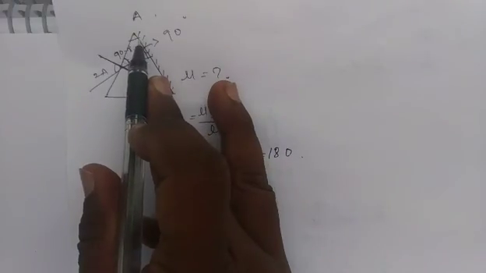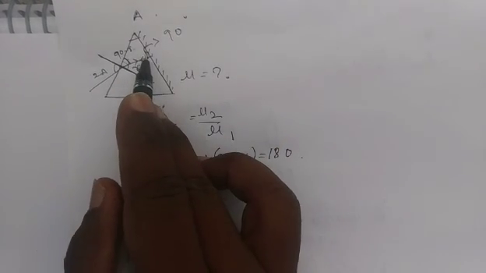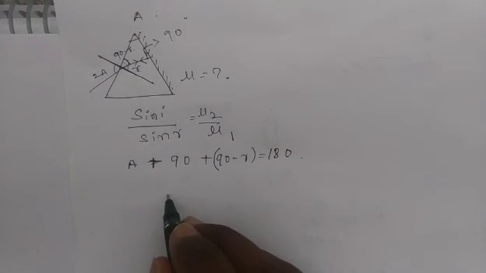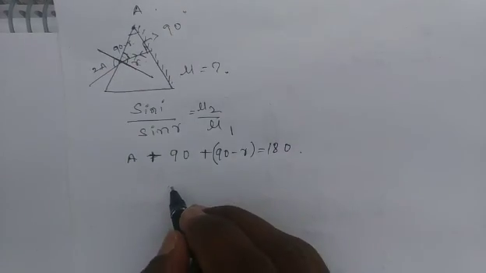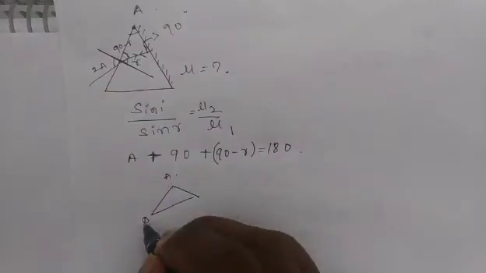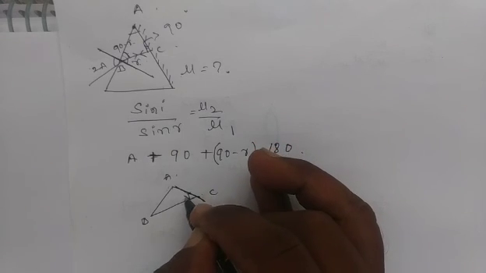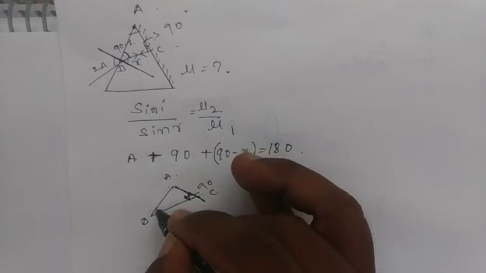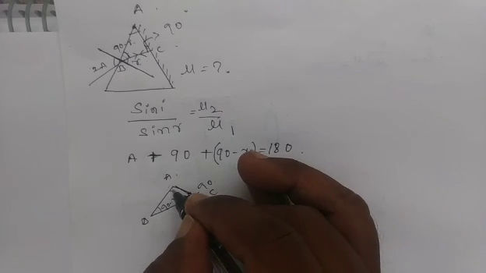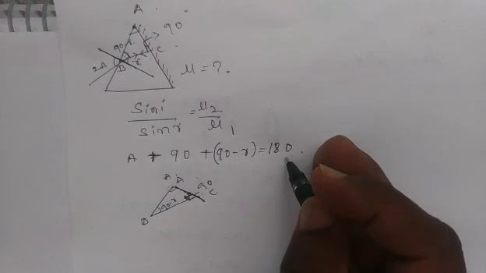Here we consider this triangle with vertices A, B and C. This angle is 90 degree, this one is 90 minus R, and this angle is A. So A plus 90 plus 90 minus R is equal to 180 degree.